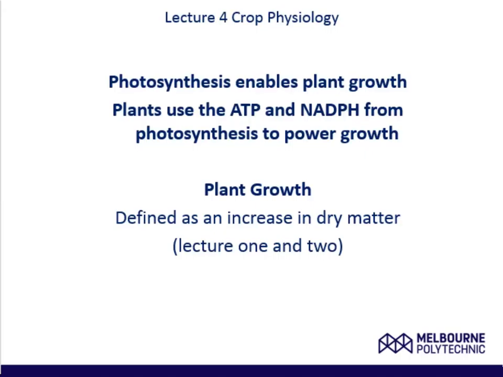Photosynthesis enables plant growth. That is, the energy from photosynthesis, ATP and NADPH, can be used to power plant growth. Plant growth is defined as an irreversible increase in dry matter. We explored this extensively in lectures 1 and 2, and we will expand here.